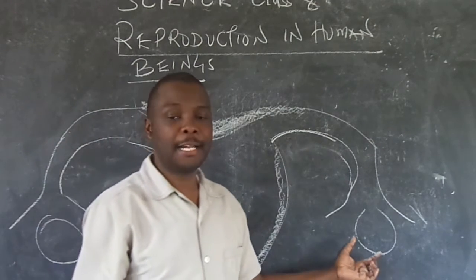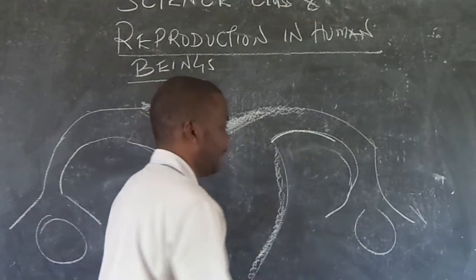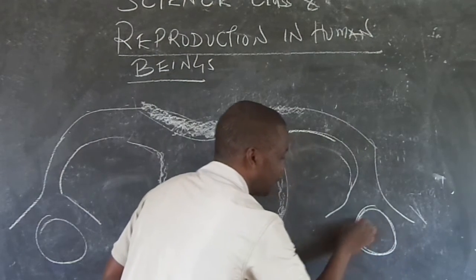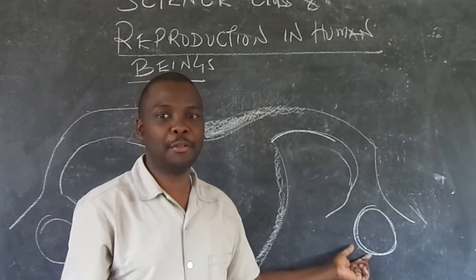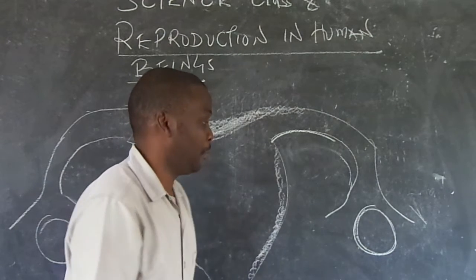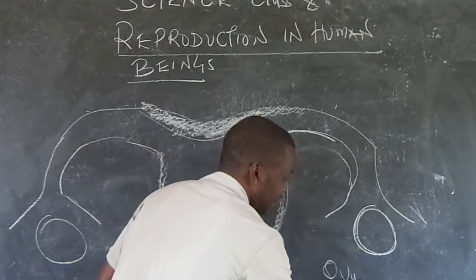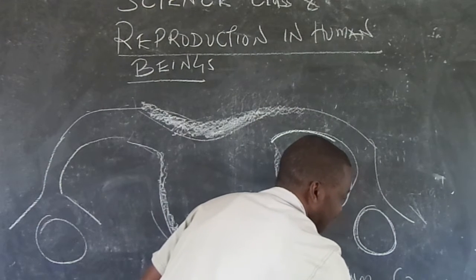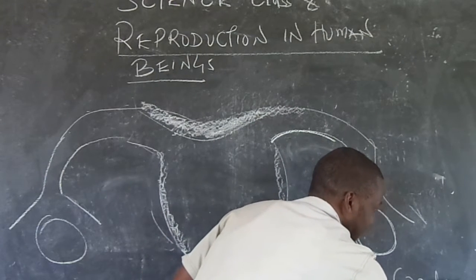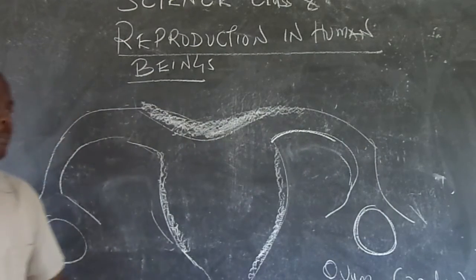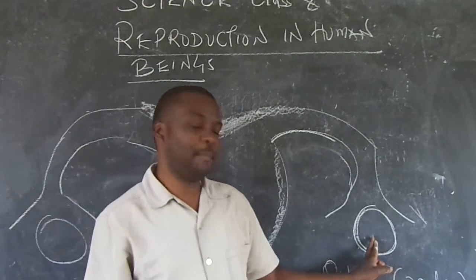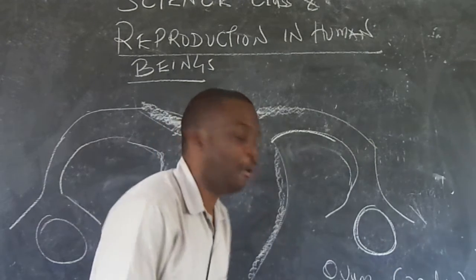Now, this is an ovary. This ovary always produces what we call the female sex cell, which is called an ovum. I say that this ovum is produced after a period of 28 days.